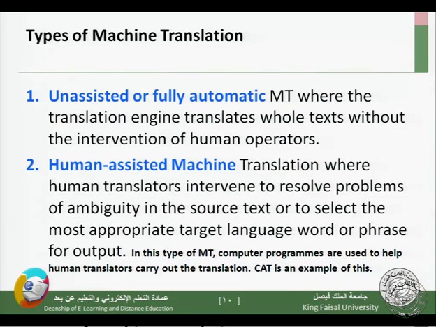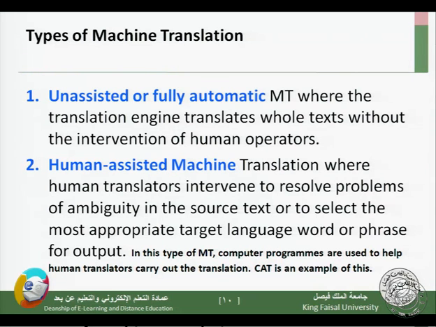In other words, you have a text, you put it in a program, and then this program produces a complete text without any help. This is called unassisted or fully automatic.